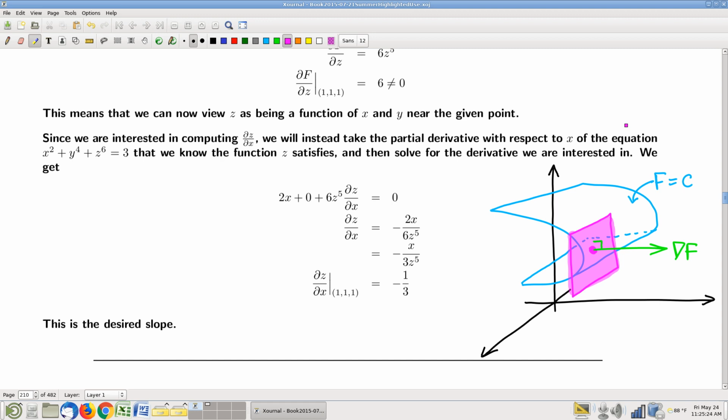At a lot of points, like maybe over here, locally, not globally, we have to erase this part of the surface, but locally, near a point like, say, this one, I can view z as being a function of x and y. No problem, right? Just don't venture very far away from there, and it's fine. Where can't I view z as being a function of x and y?